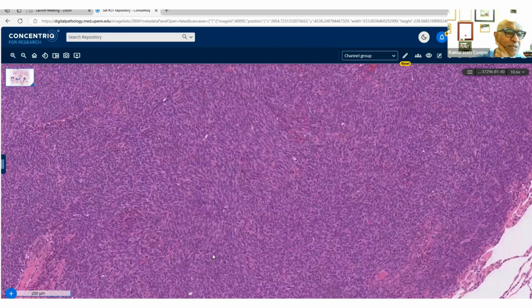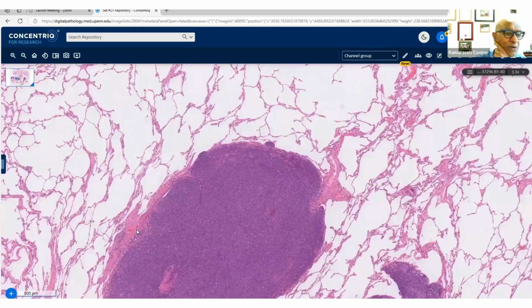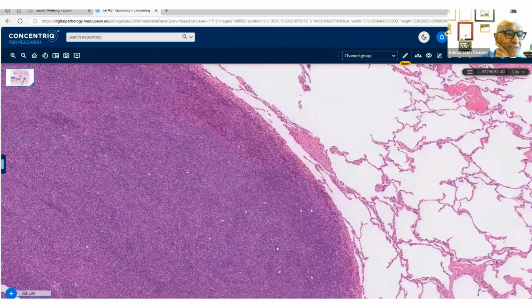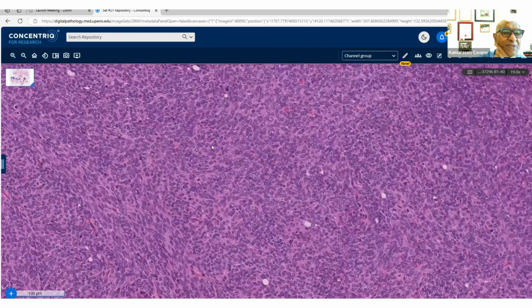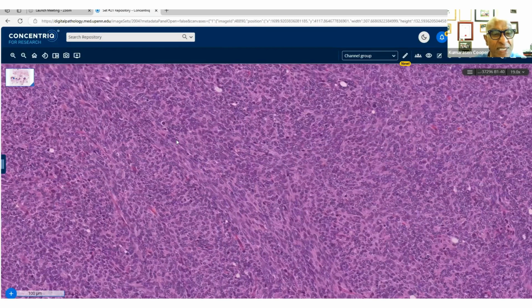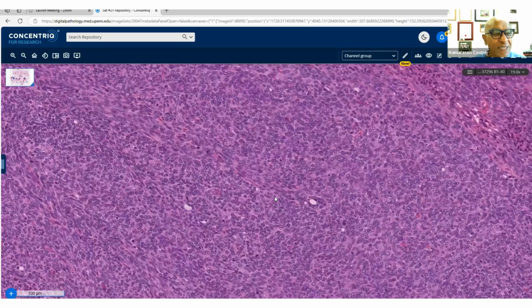I hope you can appreciate the pattern. Let's just try and look for other patterns. Yeah, there's a little more almost fascicular there. Most of it is sheet-like, but you can see they do look fascicular.